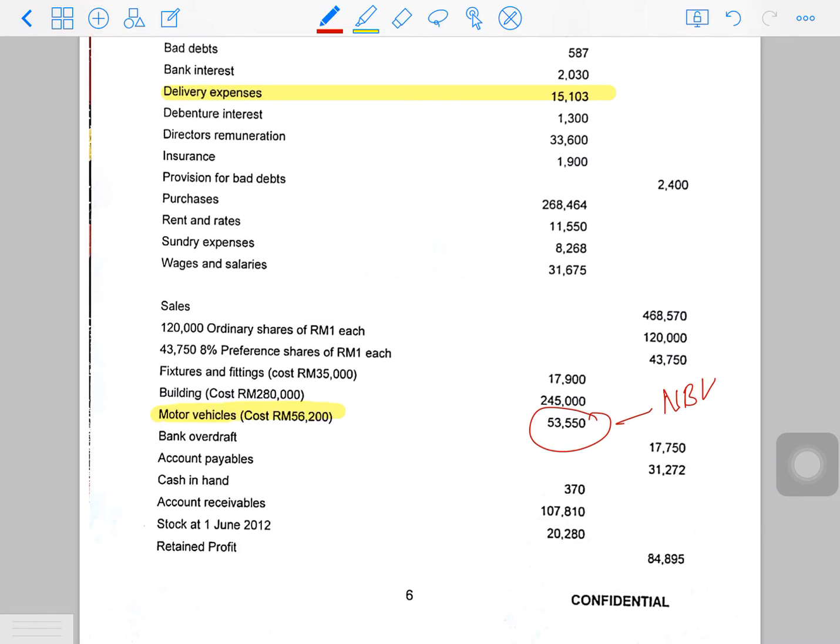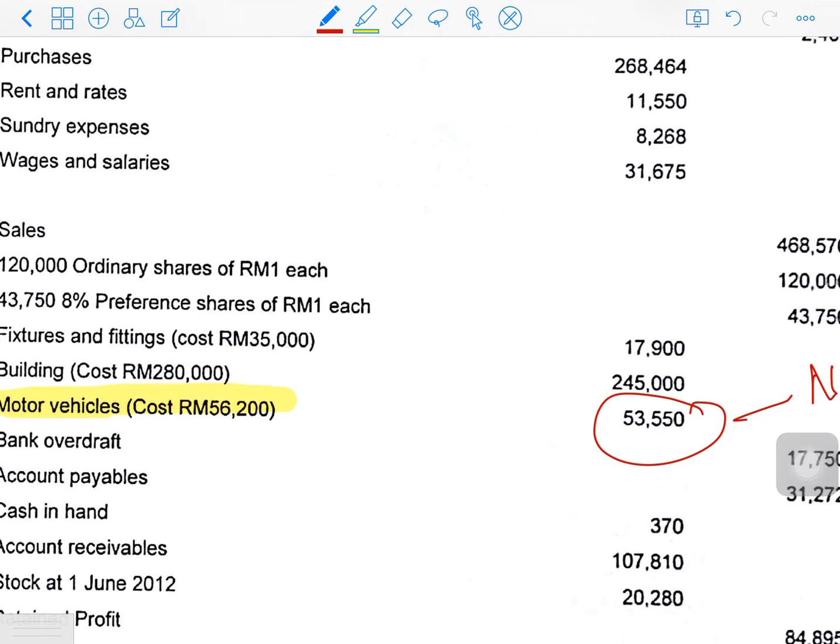So to find out how much the accumulated depreciation is, you have to deduct 56,200 with 53,550, right?